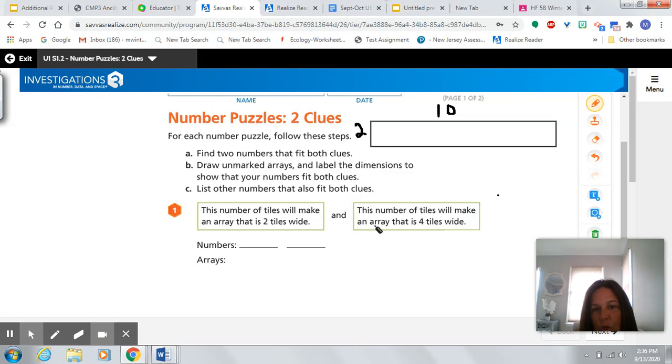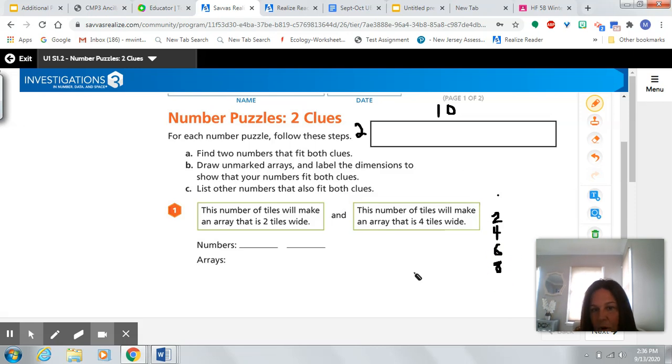This number of tiles will also make an array that is 4 tiles wide. So I know that when I list out all of the numbers that are 2 tiles wide, I have 2, and then I can list 4. I can keep going with 6 and 8 and 10. 2, 4, 6, 8, 10, 12, 14, 16, 18, on and on and on.